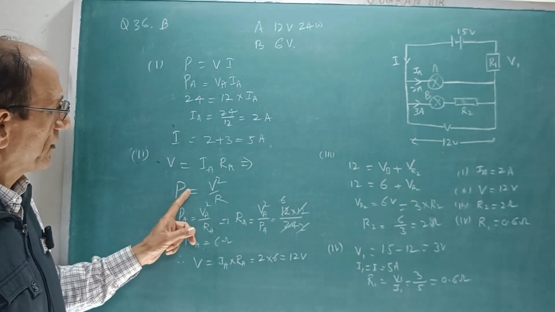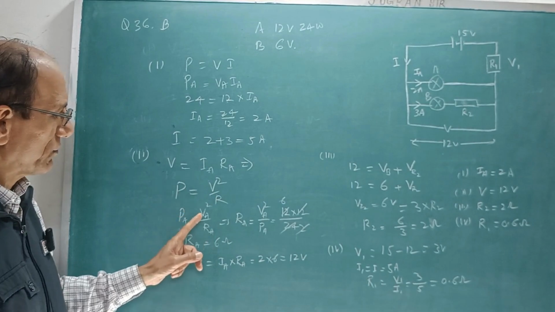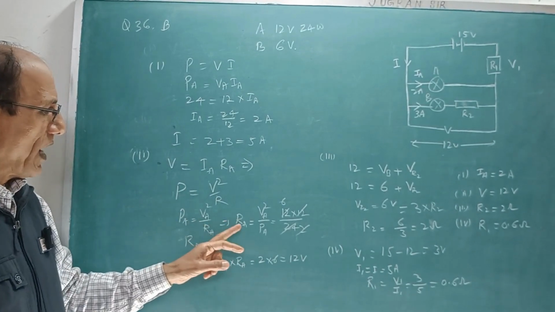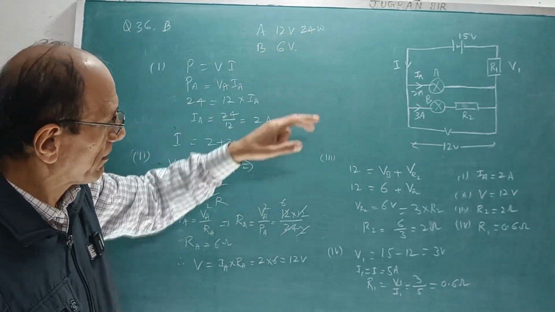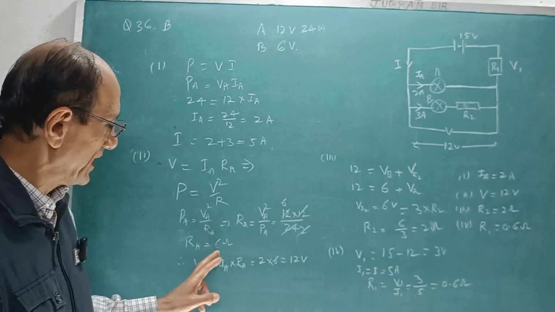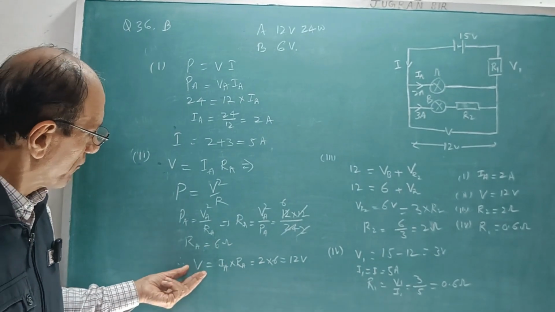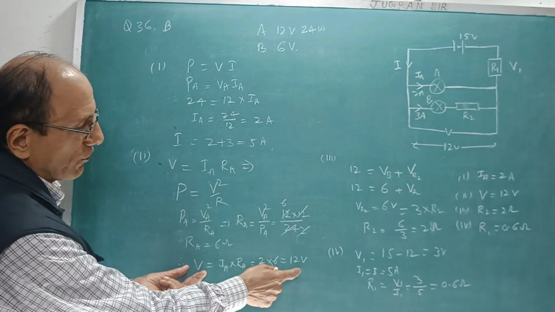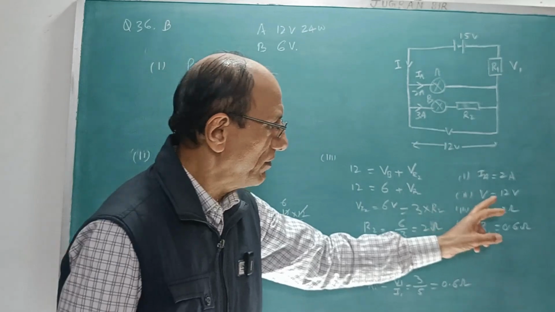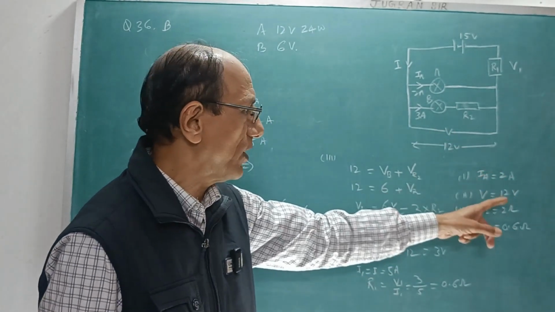We know P equals V square by R. So PA is equal to VA square by RA, so RA is equal to VA square by PA. So 12 into 12 divided by 24 comes to 6 ohm. And therefore V is equal to 2 into 6, that is 12 volt. The voltmeter reading will be 12 volt.